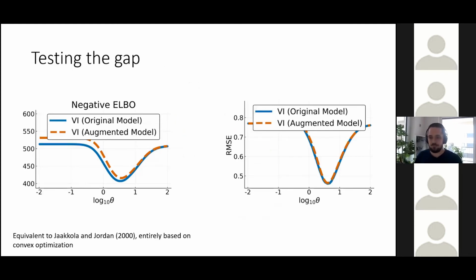As I said, we do this approximation, right? So we looked at the ELBO, the difference between the original model and the augmented model. And you indeed see a difference between the ELBOs. The ELBO of the original model is always going to be some kind of lower bound on the augmented model. But when you actually look at the error, the model basically performs the same.